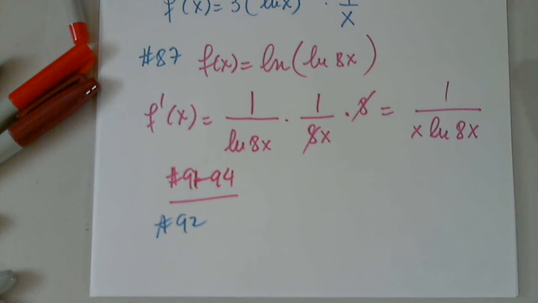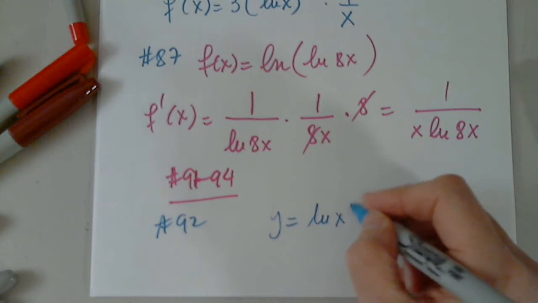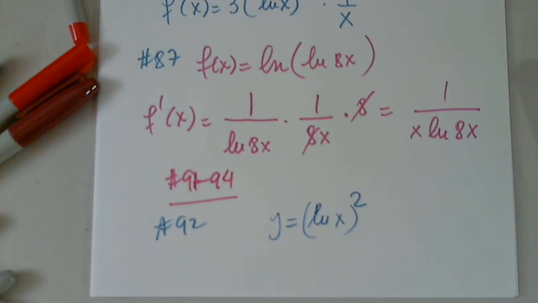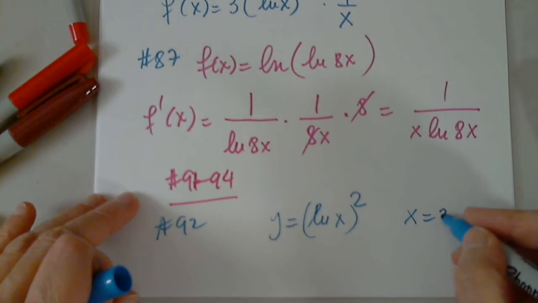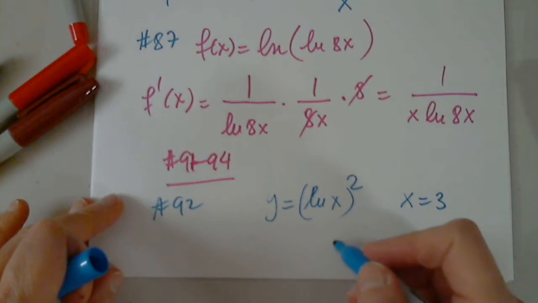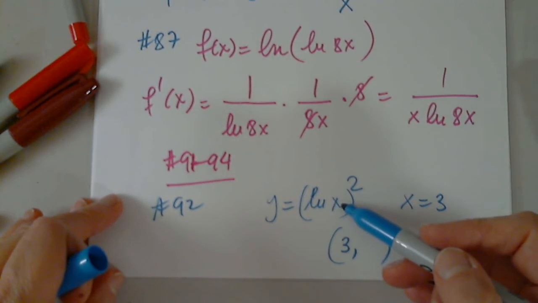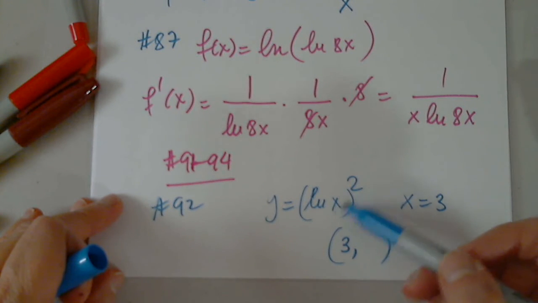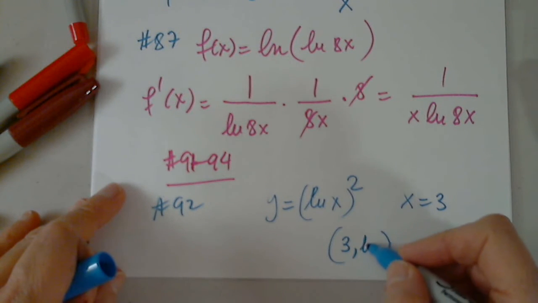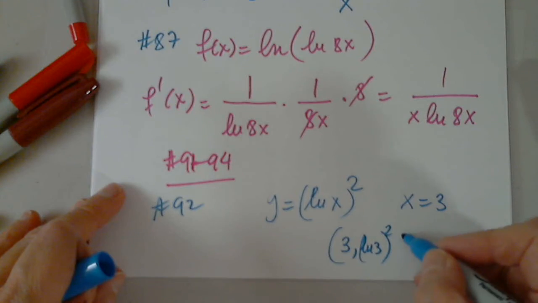92, we have find the equation of the line tangent to the graph of y equals natural log x raised to power 2 at x equals 3. I have to be given the point. I'm only given x. I will plug it in, and it's natural log 3 squared.